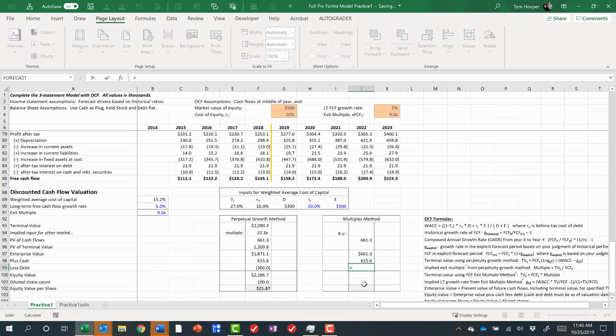Cash is the same. Debt is the same. This formula to sum is the same, and shares are the same. This formula to divide is the same. And now all I need to do is calculate the terminal value, its present value, and the implied multiple.